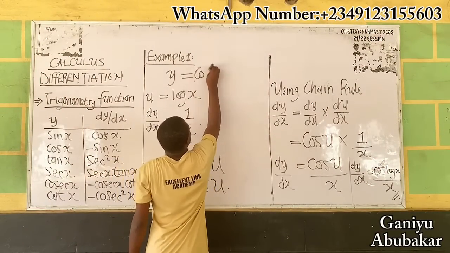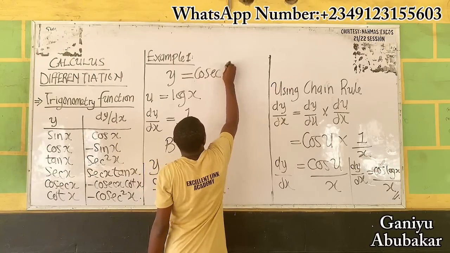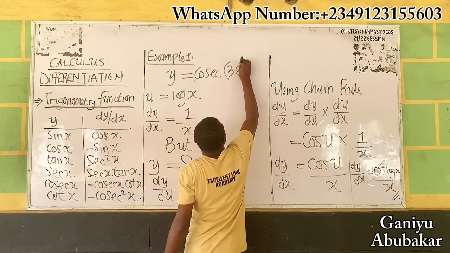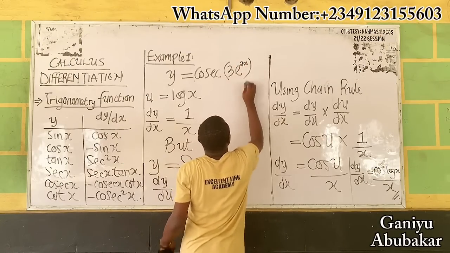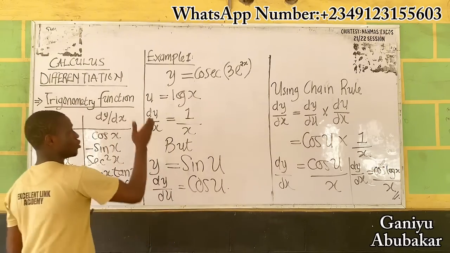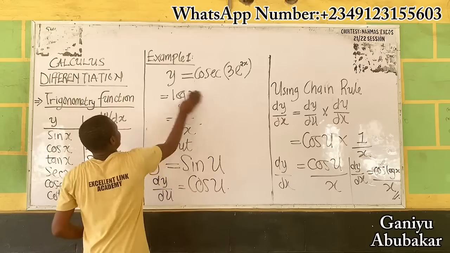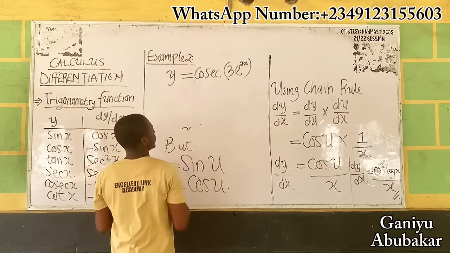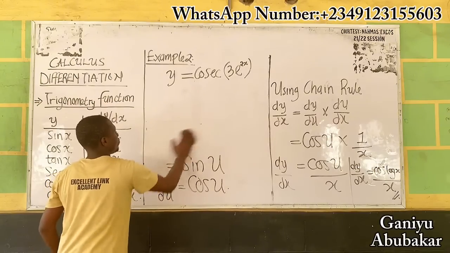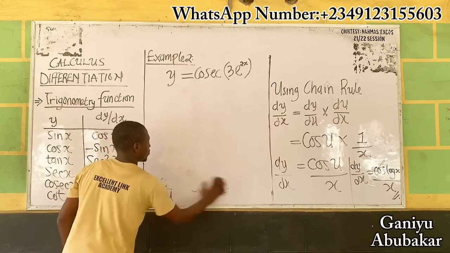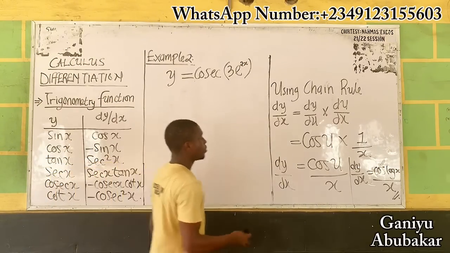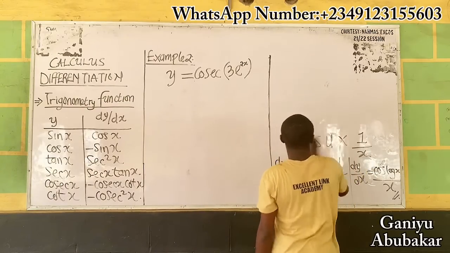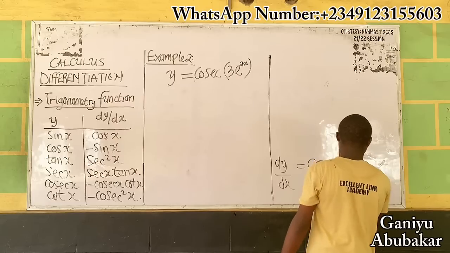Let's take cosec of 3 exponential 2x. I can see a trig and an exponential function. Let's solve example 2 and see what we get.